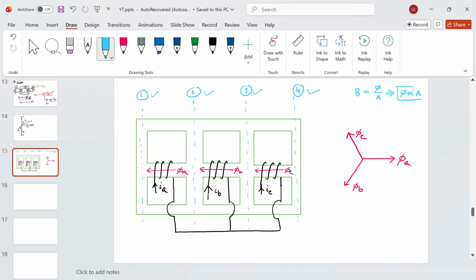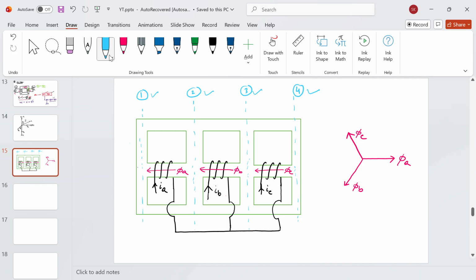So if flux is higher in any section, that section needs more area. We will check this mathematically, and see how to reduce the core requirement by changing the orientation of the windings.